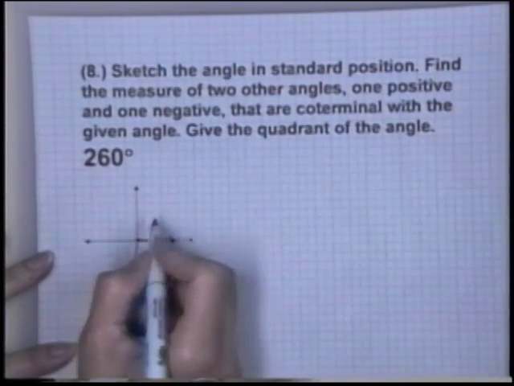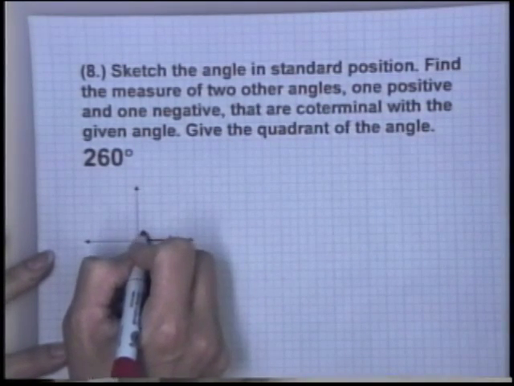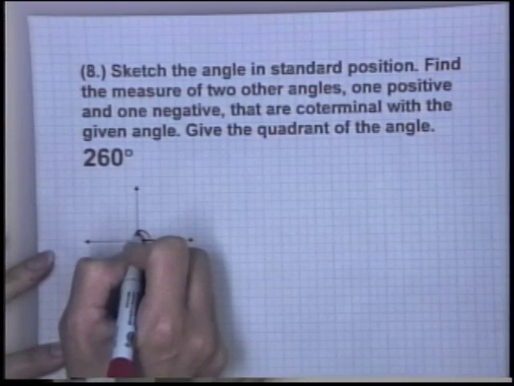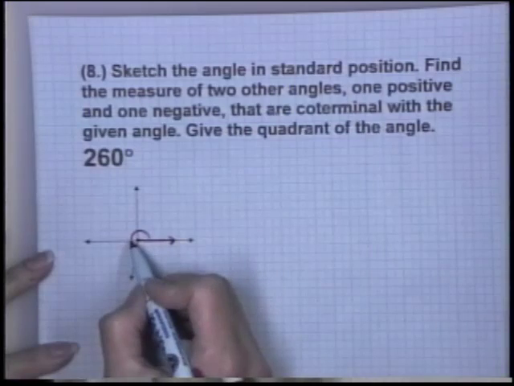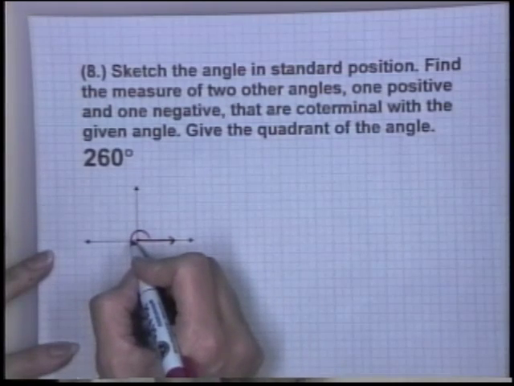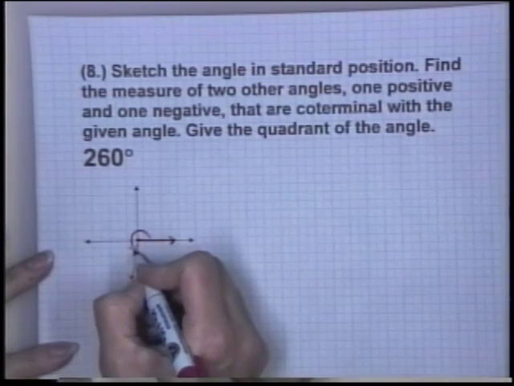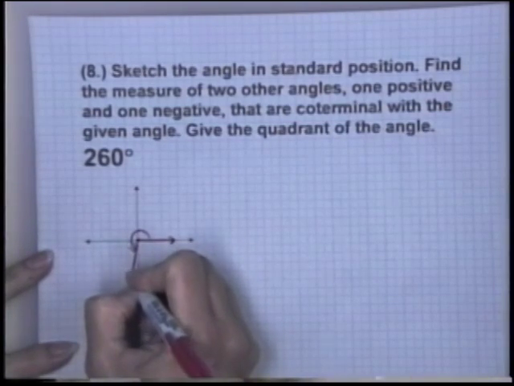Since it's positive, we know that we go counterclockwise. We know 90 degrees is that far. Over to the straight angle is 180 degrees. We know all the way down to the negative y-axis is 270 degrees. So we're going to estimate that 260 is about right there.